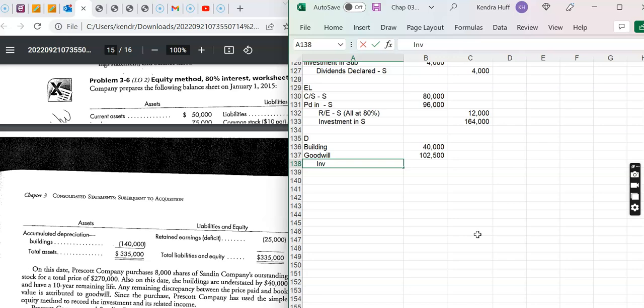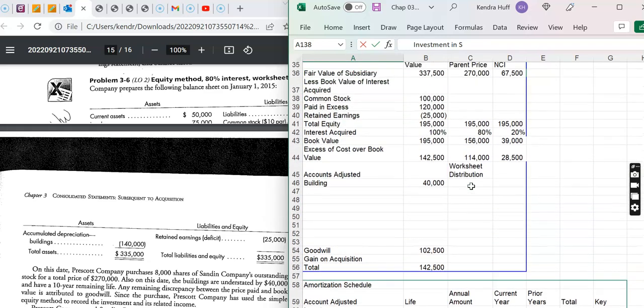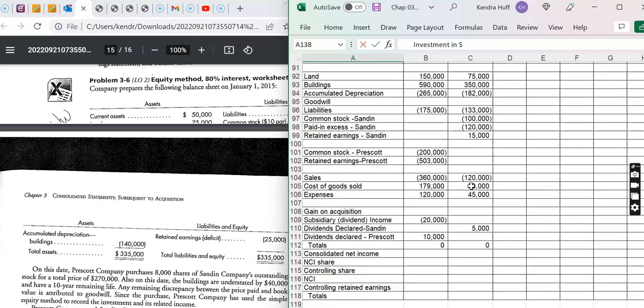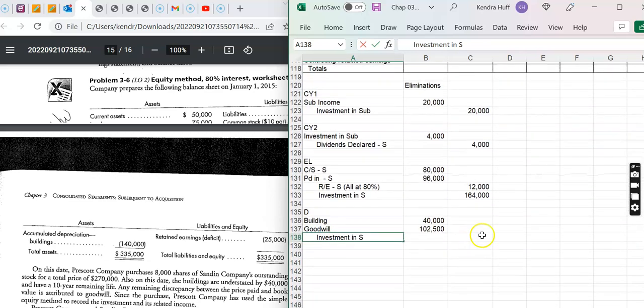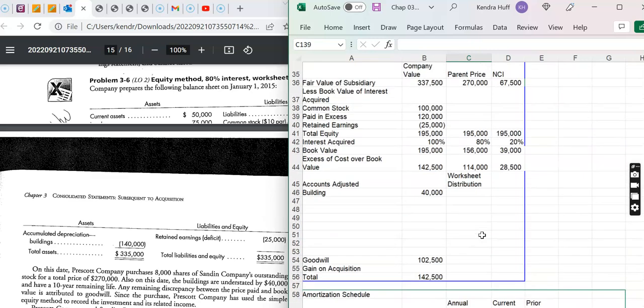And I have the investment for 114. The NCI should be 28.5.